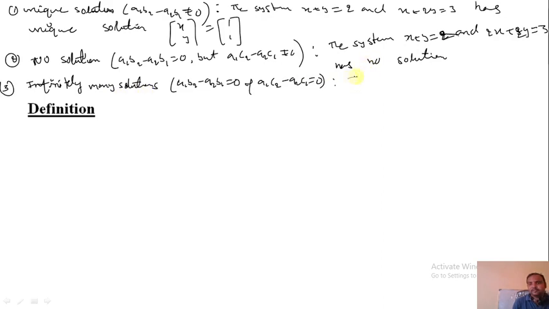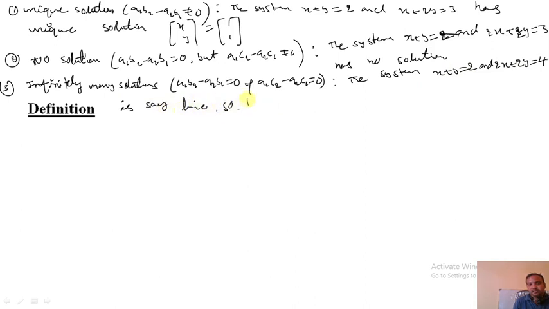Suppose we take the system x plus y is equal to 2 and 2x plus 2y is equal to 4. That means it is the same equation. When multiplying the second equation by 2, it is the same line.